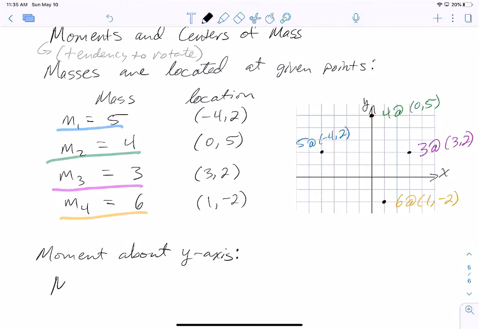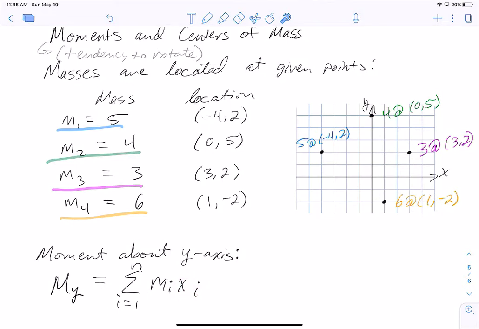So the moment about the y-axis, m sub y, is equal to the sum as i goes from 1 to n of m_i x_i, the mass times the distance from the y-axis, and x is defined to be that distance.